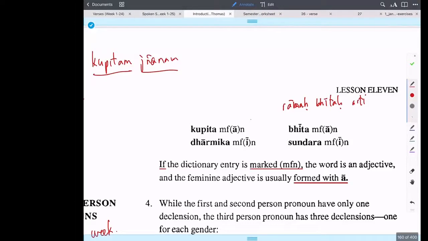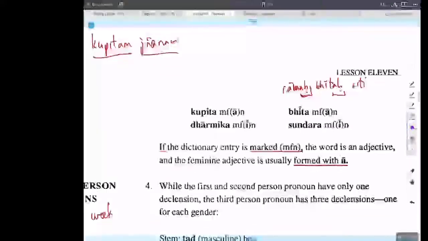Because if you're using the masculine, you also have to end the adjective with the same declension. We already did this last week. Now, what about Sita is afraid? Sita bhita asti. You see? This is wonderful. So she has accurately ended it in the same as Sita.